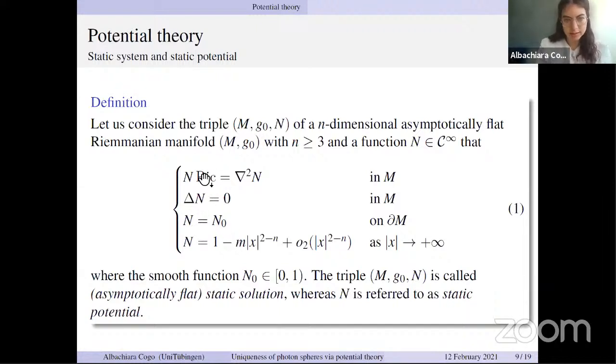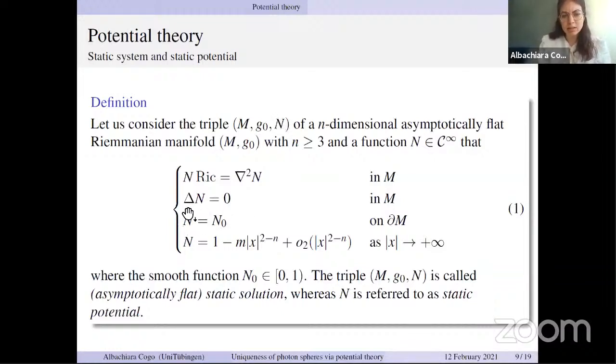The first two are the PDEs that correspond to the Einstein equation, and they are the static Einstein equations, actually written in terms of the Riemannian manifold. So the tensors of the Riemannian manifold, the connection, the Laplace-Beltrami operator of the Riemannian manifold, and the lapse function, which more generally is called static potential.